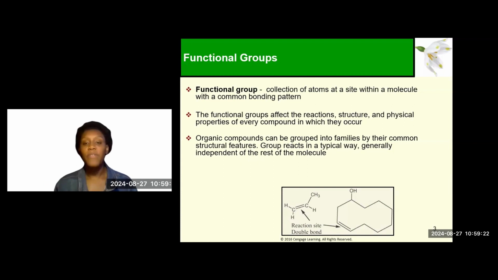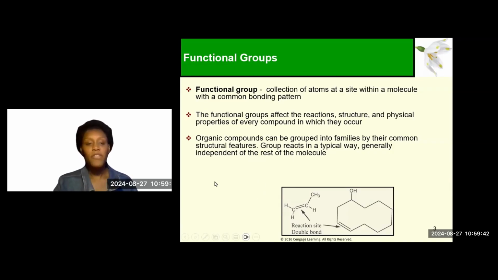Functional groups affect the reactions, the structure, and the physical properties of every compound in which they occur. Organic compounds can be grouped into families by their common structural features or their functional groups. And the groups react in a typical way, generally independent of the rest of the molecule.